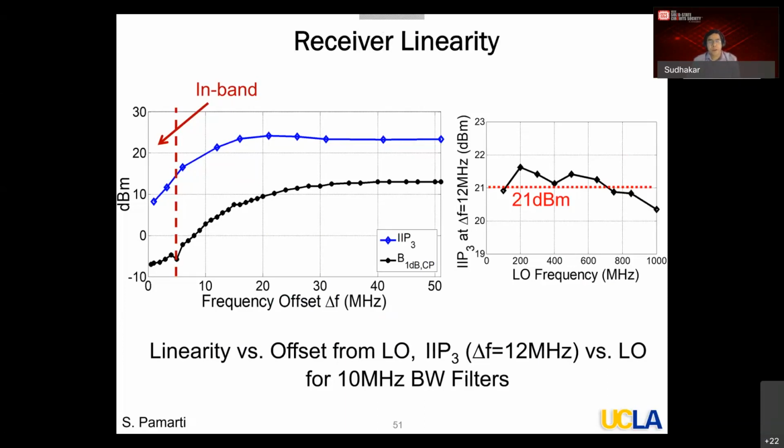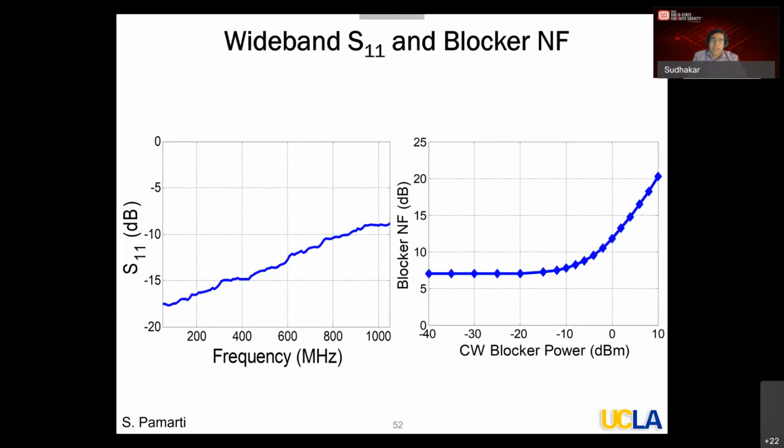Okay. So here is wideband S11 and the blocker noise figure. The S11 is pretty good, less than minus 10 dB for almost a gigahertz of LO frequency range. That is because we did a constrained design of the R of T. The blocker noise figure measurement is shown on the right. The noise figure is definitely higher than traditional filter implementations, and that is not surprising because I'm weighting the R of t all the time, and sometimes my R of t can become a pretty large value.